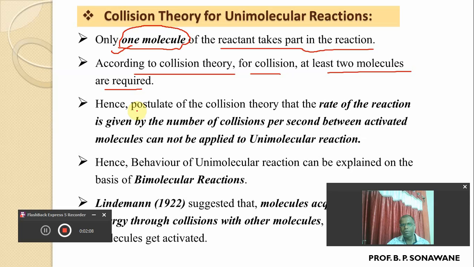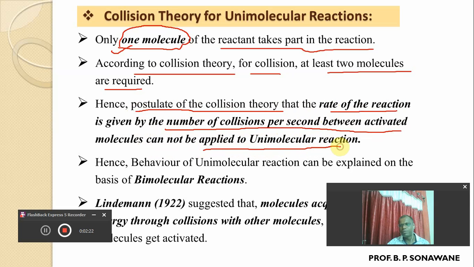The problem is that the postulate of the collision theory, that the rate of the reaction is given by the number of collisions per second between the activated molecules, cannot be applied to study the unimolecular reaction, because according to the collision theory two molecules are required for the collision to react, and in unimolecular reaction only one molecule takes part in the chemical reaction.